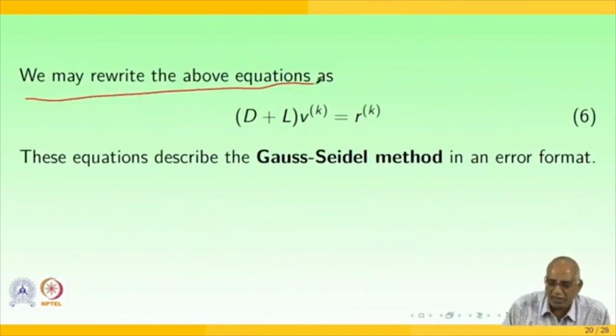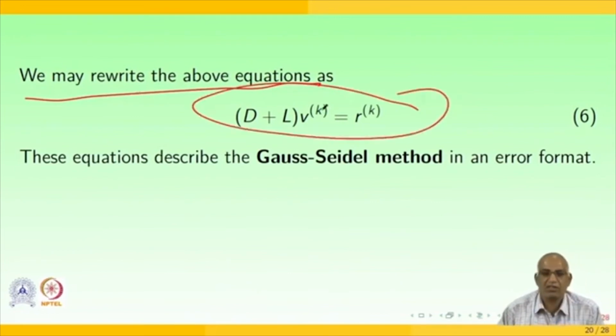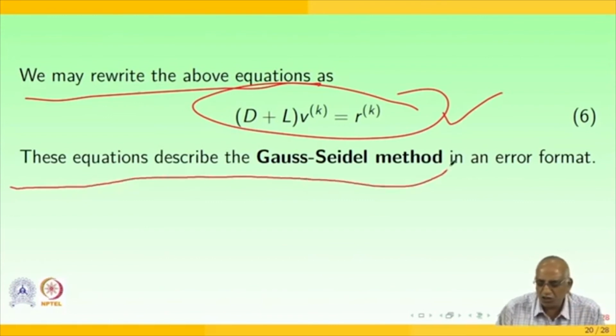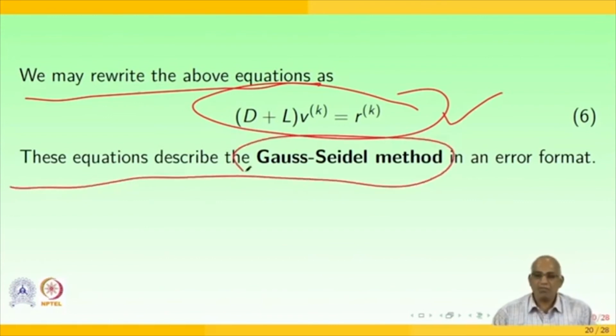We may rewrite the above equations as (D plus L) times v of k is r of k. These equations describe the Gauss-Seidel method in the error format.